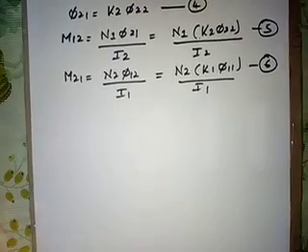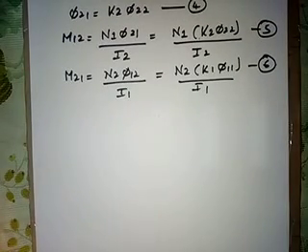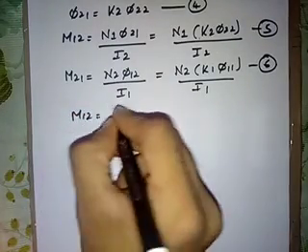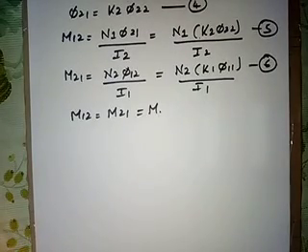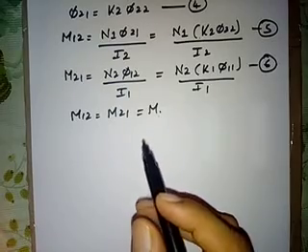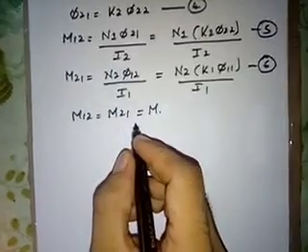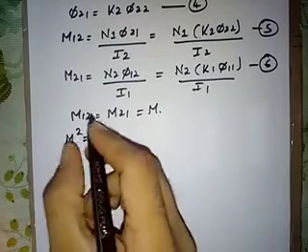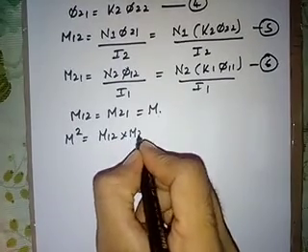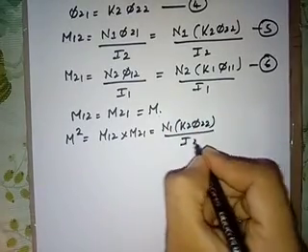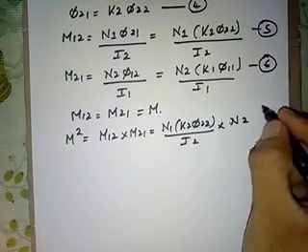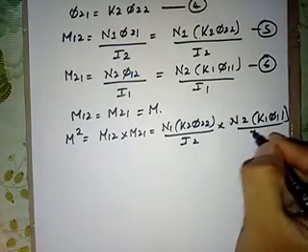If the medium surrounding the two circuits is linear, that is the output is linear with respect to input, then we can write M12 is equal to M21, that is equal to M. Based on this, if I multiply M12 into M21, that is M squared, this will be M12 into M21, that is equal to N1 K2 phi 22 divided by I2 into N2 K1 phi 11 divided by I1.